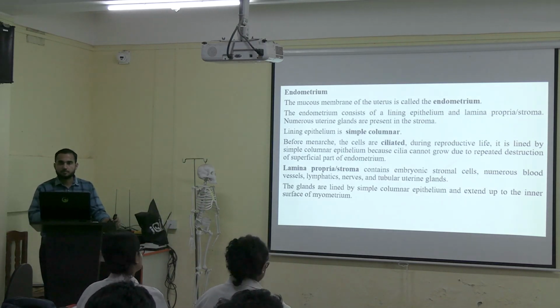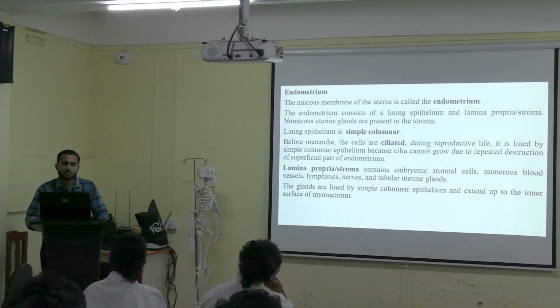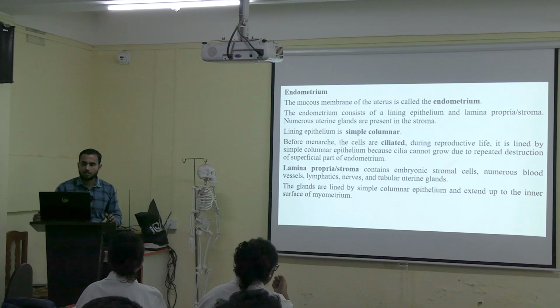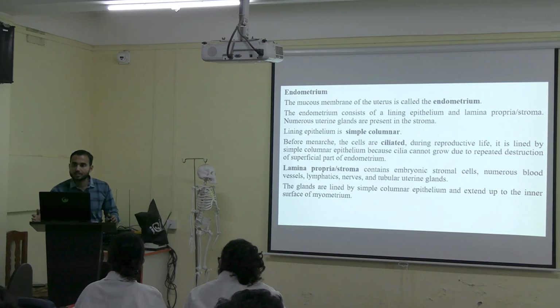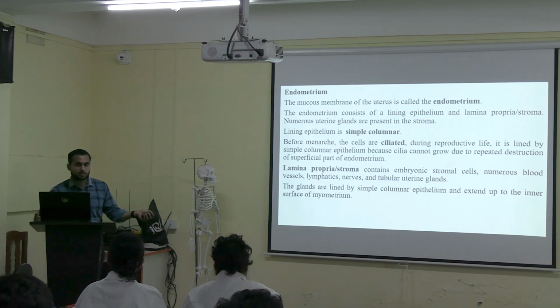Now why am I focusing on these uterine glands? Because we know that there are different stages of the menstrual cycle, the follicular stage, the secretory stage. At those stages, changes take place in these uterine glands.